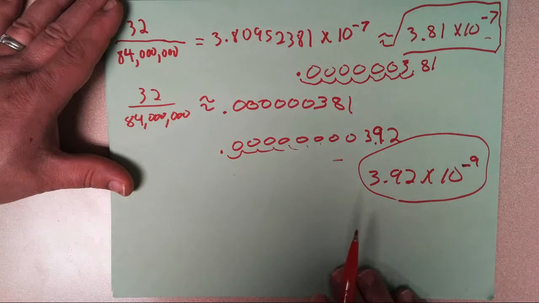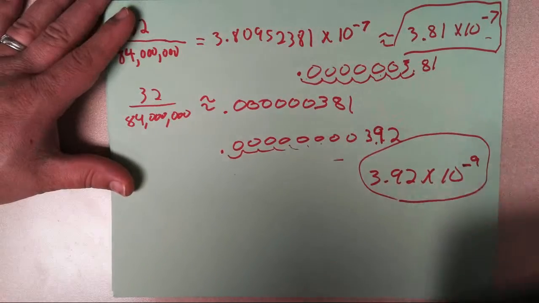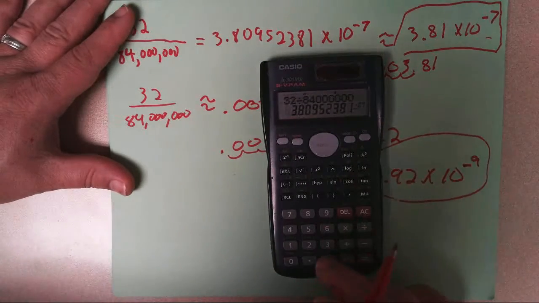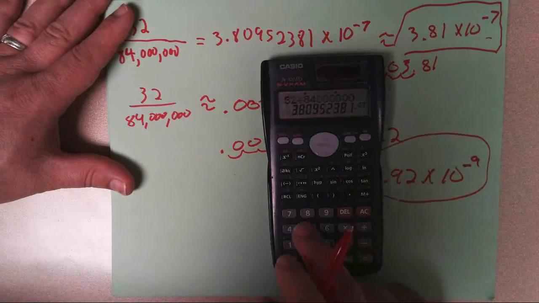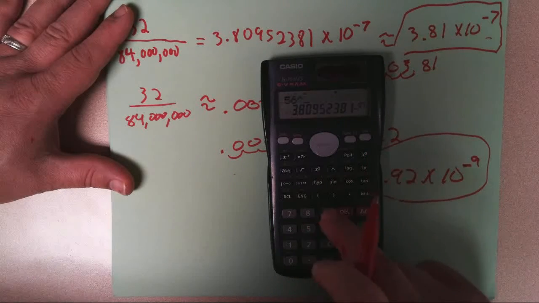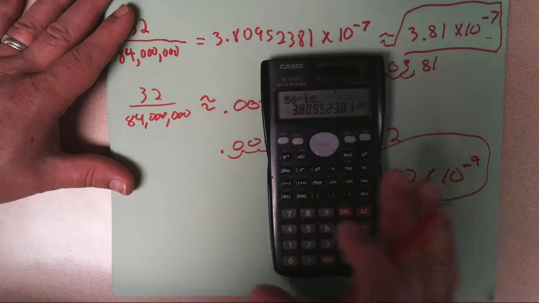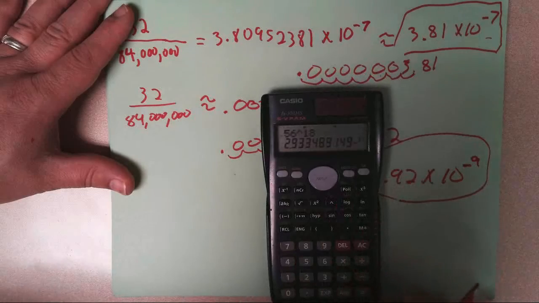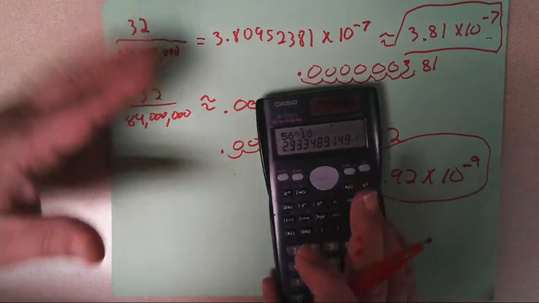Okay? And you could also have positive exponents. Like if I did 56 to the 18th power, let's say, I get a really large number.